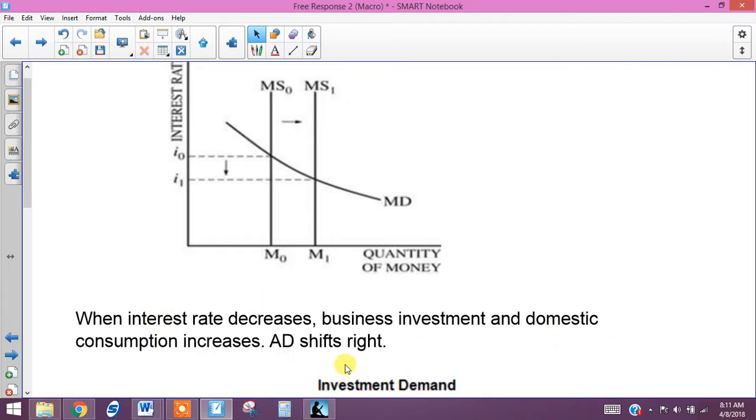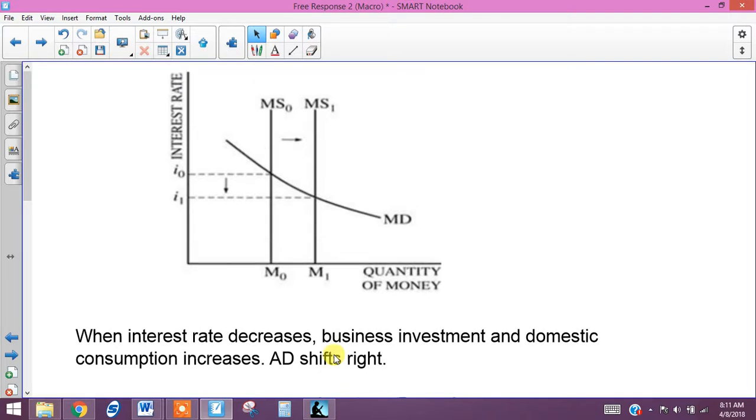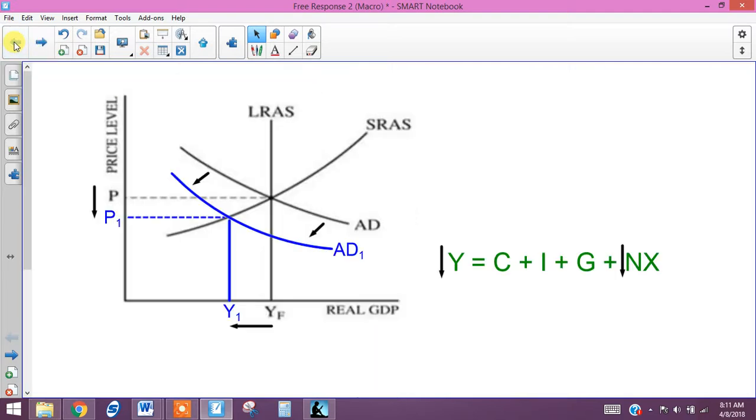So what does that do? Well, the whole goal here is to shift the aggregate demand curve back to the right. You don't have to show this in your answer, but I'm going to show you by going back over here. If we shift this back up to here, you can see that we reverse everything that happened in question 1.